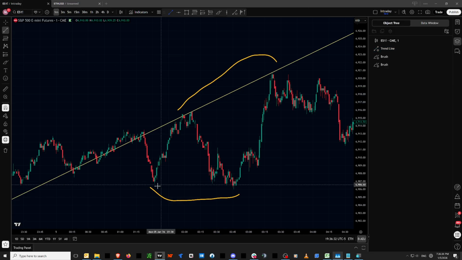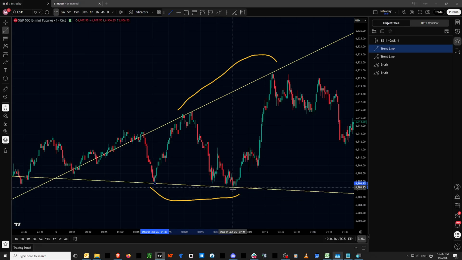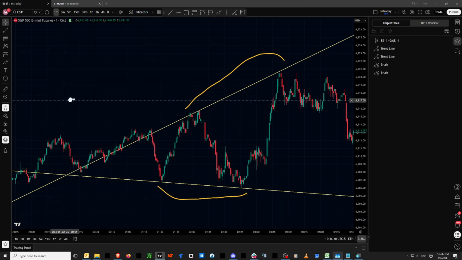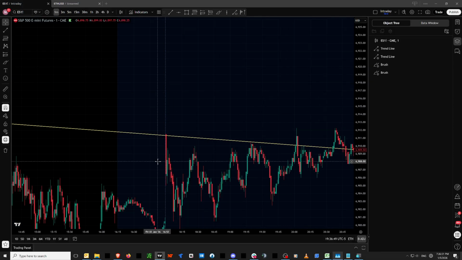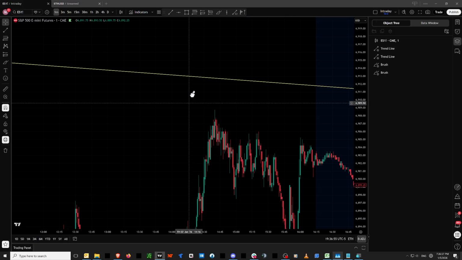I'm going to draw another trend line right here to here. We're going to go back in time to see how well this trend line holds. We can definitely see a lot of interaction with it. Here, here, maybe more. No, okay.